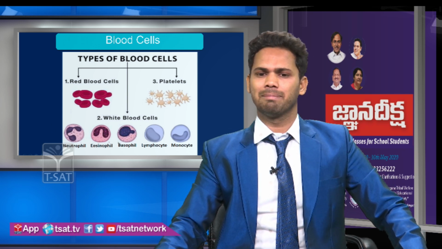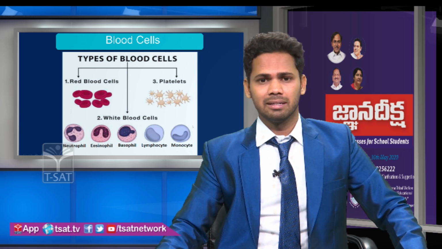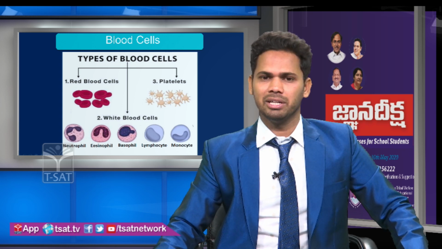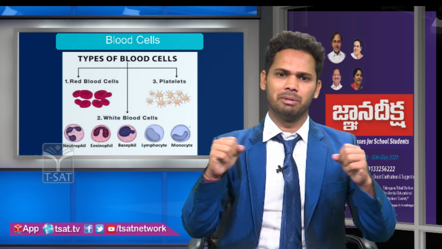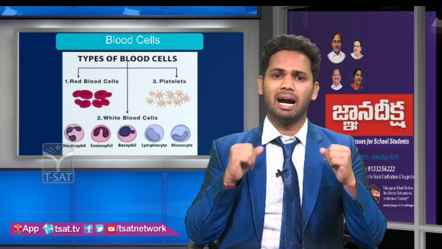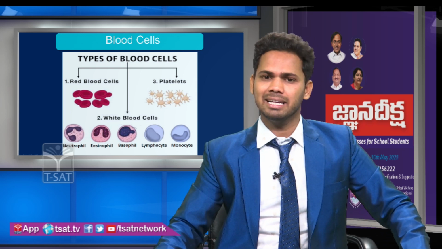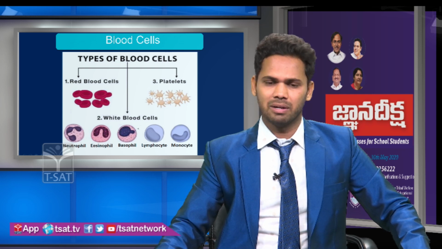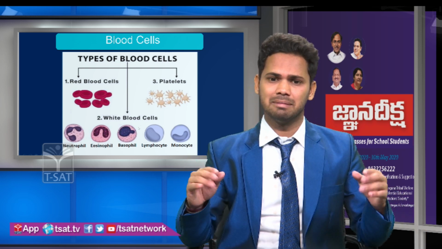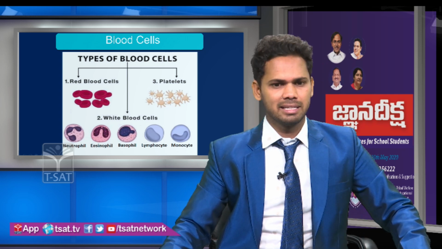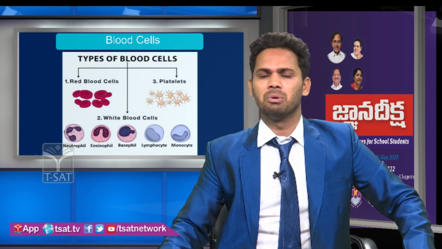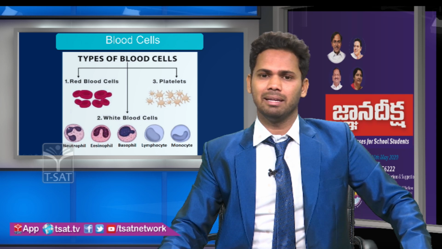But all these white blood cells give our body immunity power. With the help of this immunity power, we get disease resistance against diseases. That's why they fight against microbes, otherwise called disease causing organisms. So, white blood cells are very important.